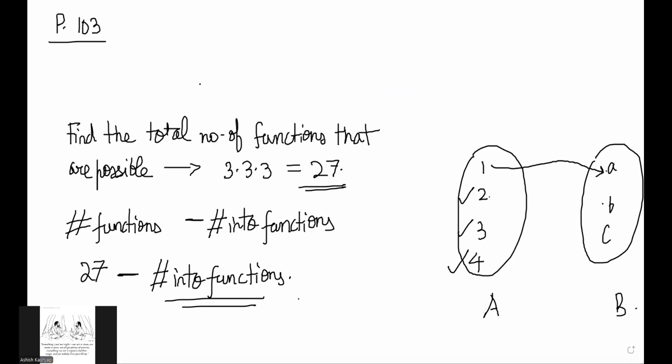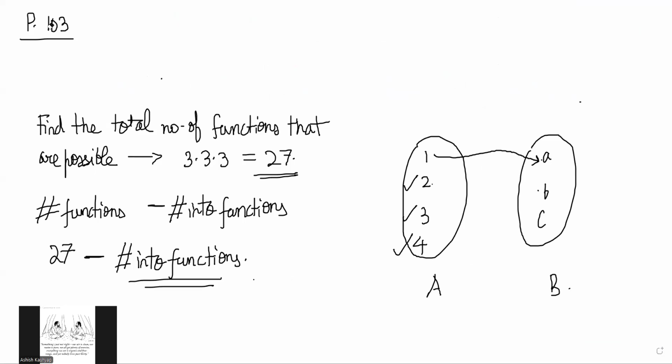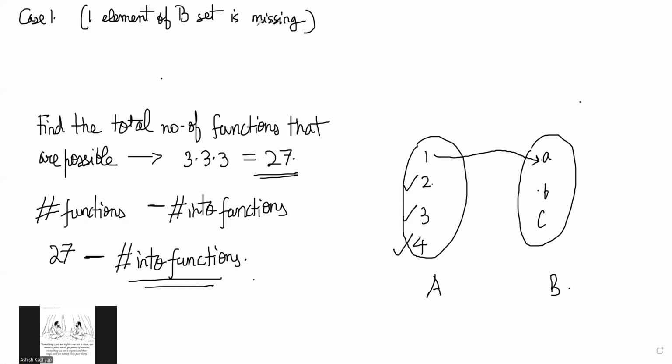So either B or C will not have any pre-image, right? We'll take it case by case. We will take case 1, we'll count the number of into functions where one element of B set is not having a pre-image in A, right?